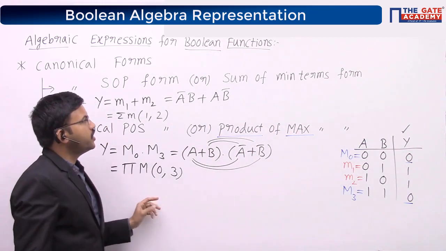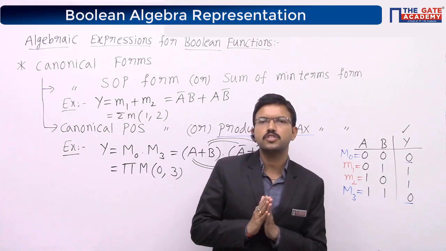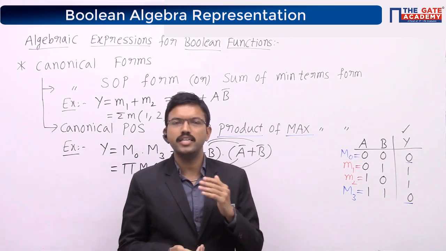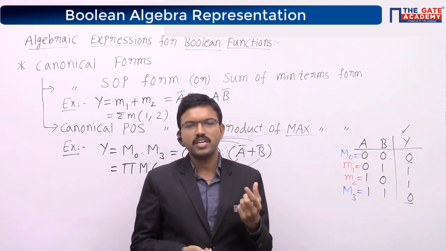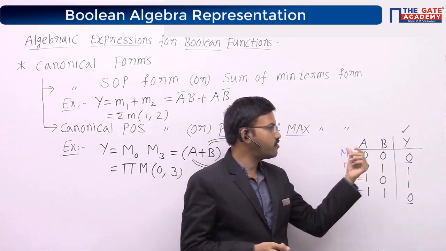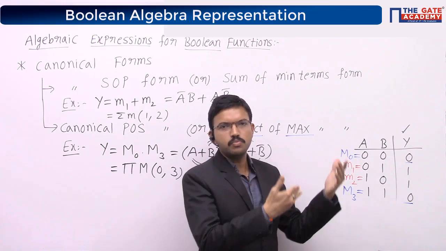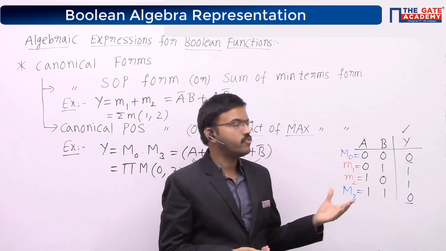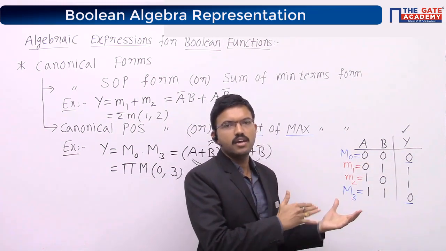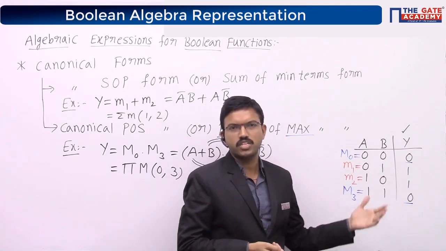Whenever you are supposed to design any digital circuit from the given specifications, first we determine the number of inputs and the number of outputs. Then we write all the input combinations, in terms of zeros and ones at the input side, and determine the corresponding outputs. There you will get zeros and ones, right?